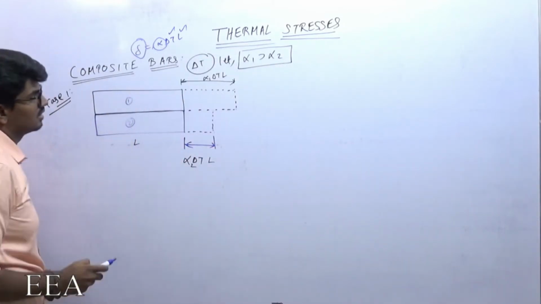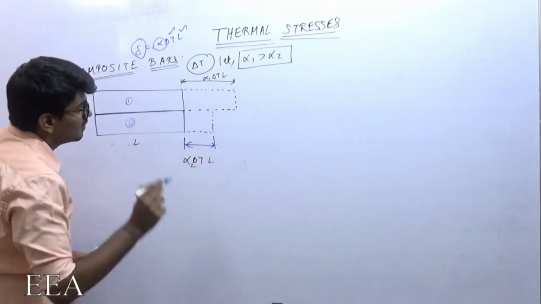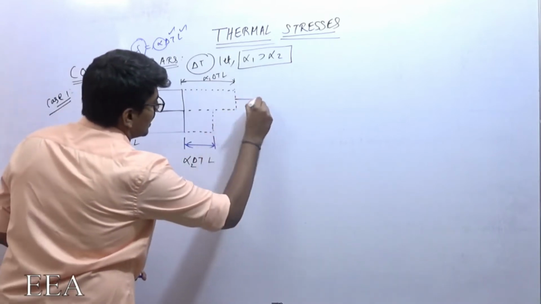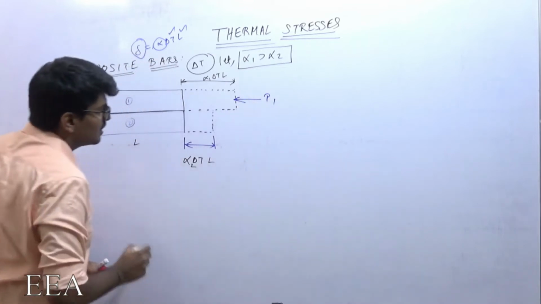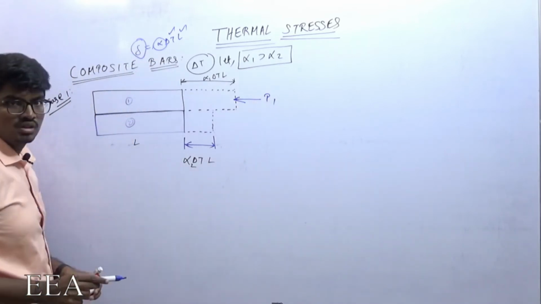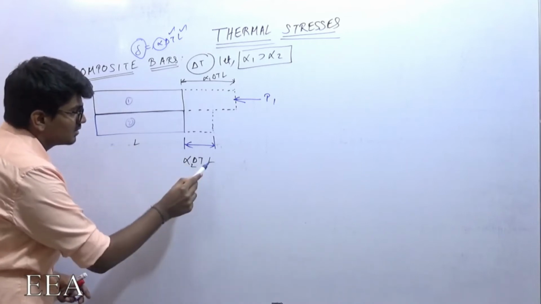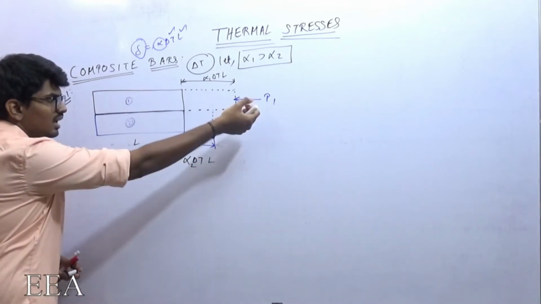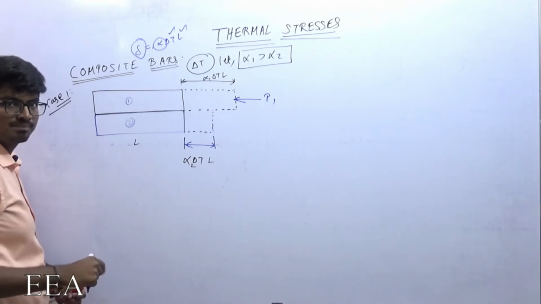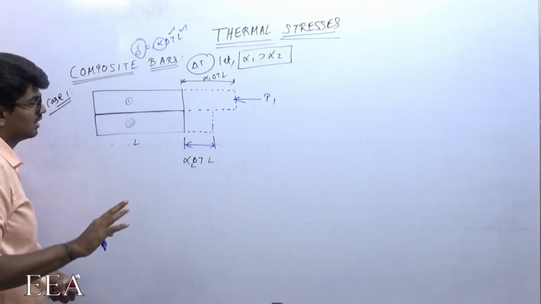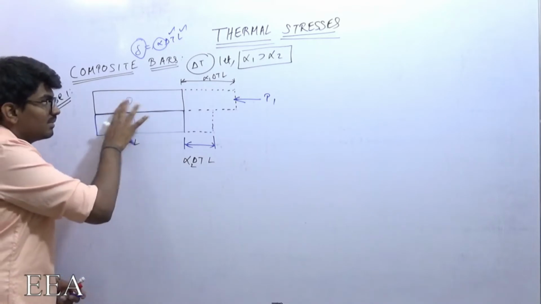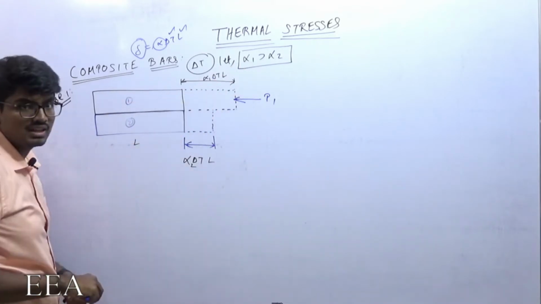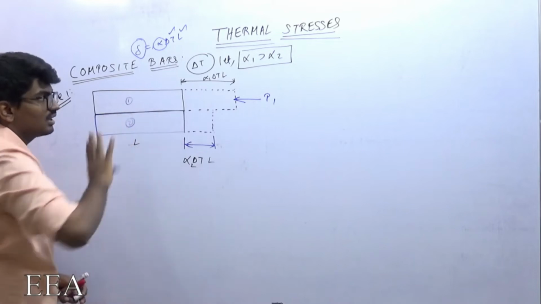This first member, which has the larger alpha 1, will be subjected to a compressive loading, and that compressive loading is due to member 2, because member 2 is deforming less. Since it is deforming less, it is trying to pull the first member back. But the first member's deflection is alpha 1 delta T L, which is greater than that of the second member.